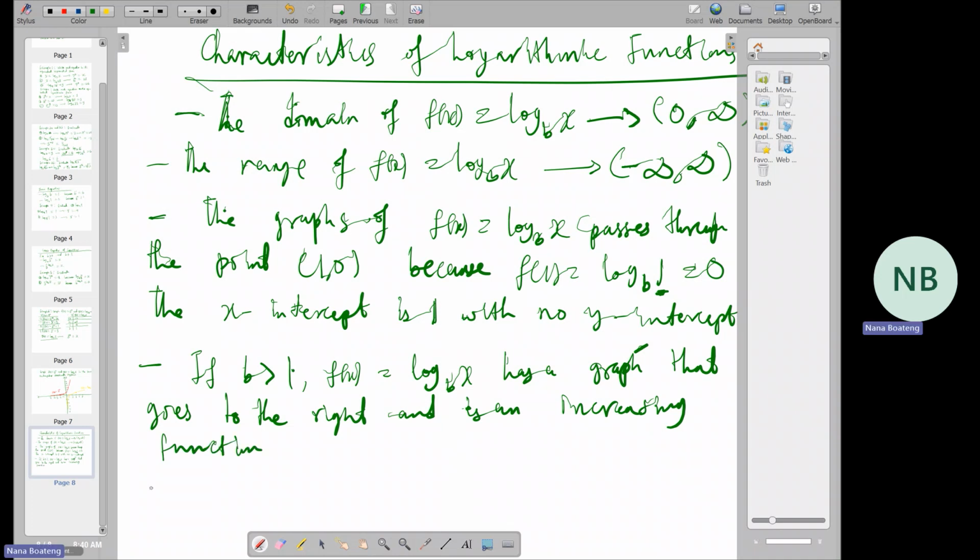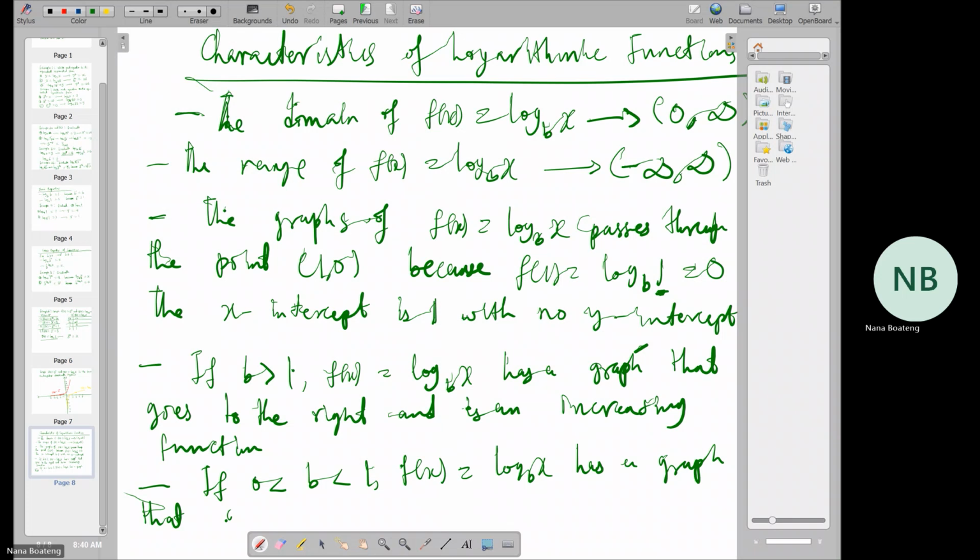And on the other hand, if 0 is less than b and b is less than 1, then f of x is equal to the base b of x has a graph that goes down to the right.